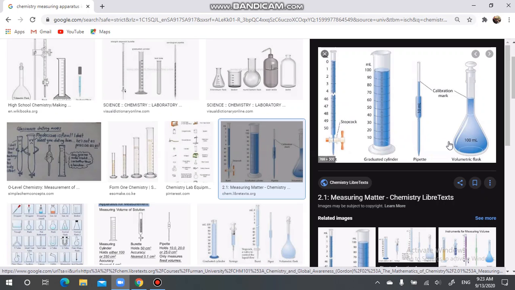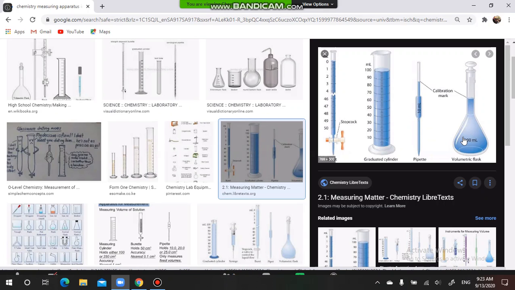And the last one is a volumetric flask. This is called a volumetric flask. It is used to prepare solutions. So to measure the volume of a liquid, we can use a burette, a graduated cylinder, a pipette, or a volumetric flask.